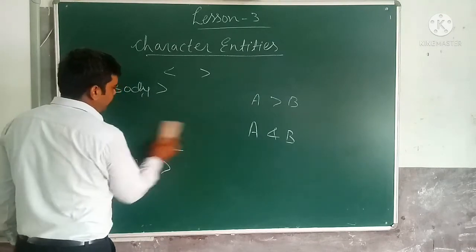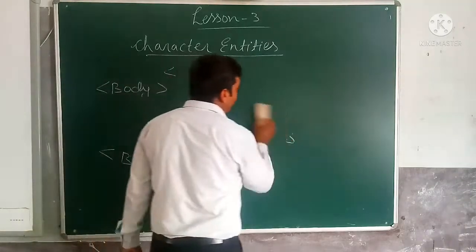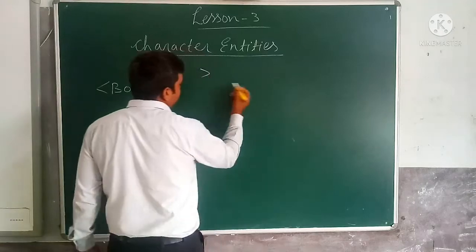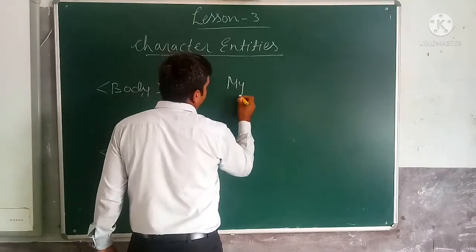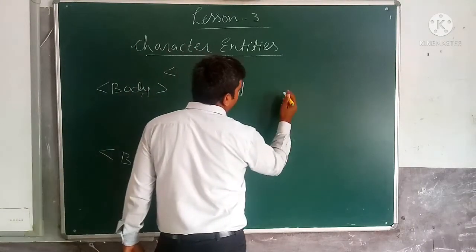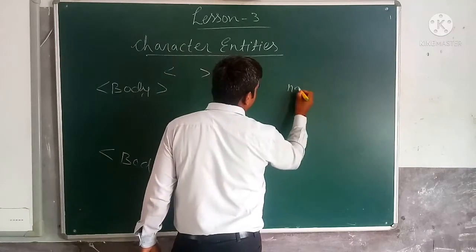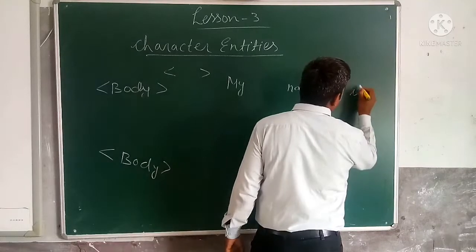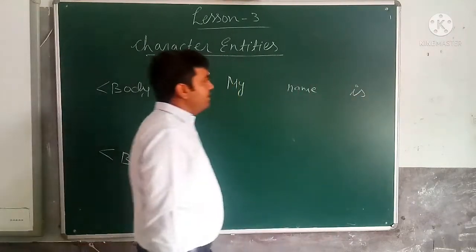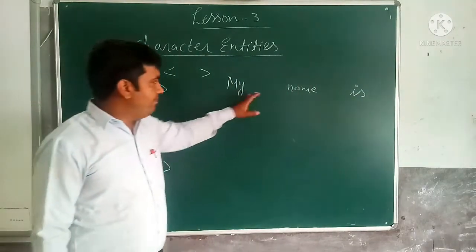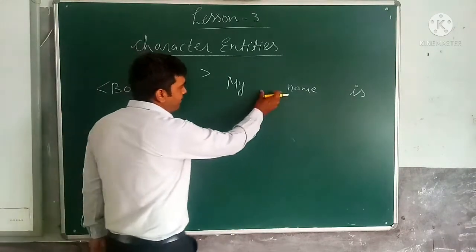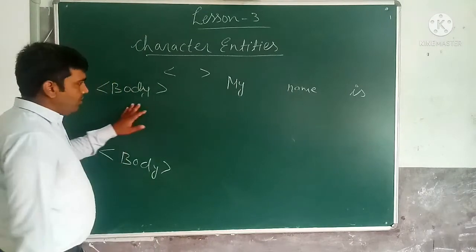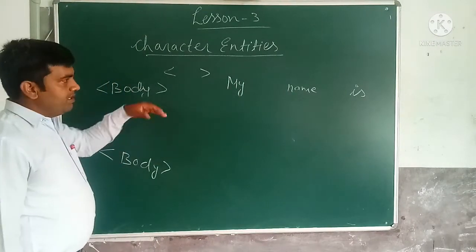Next is to leave a number of blank spaces: NBSP. Suppose on a web page you want to write "mine", then 5 character spaces, then "name", then again 4 character spaces, then "is". So my name is, in that manner. How do you present this on the web page?